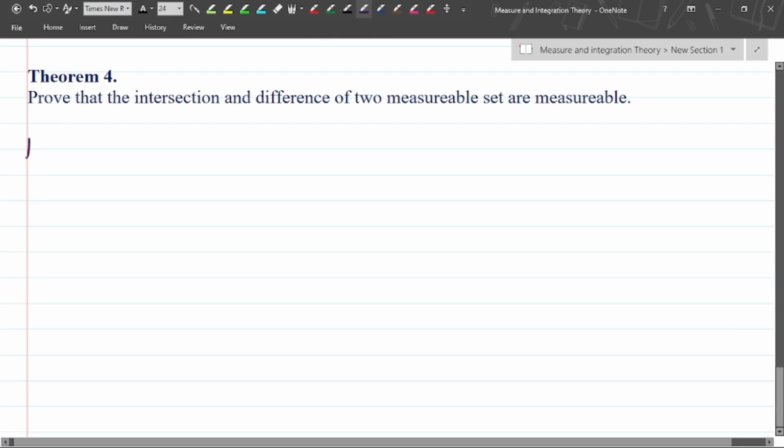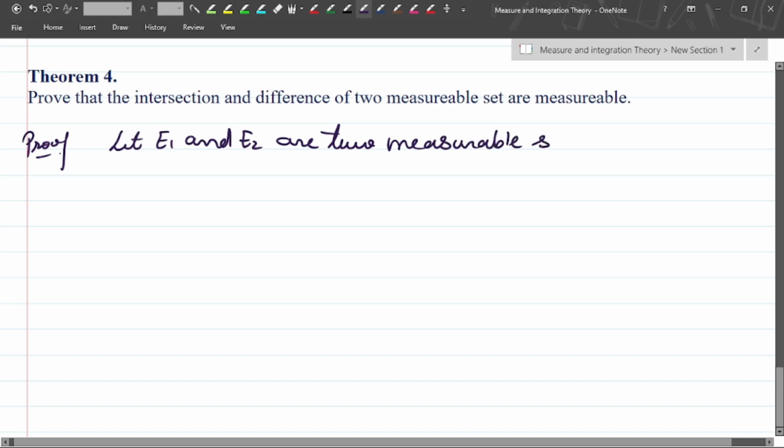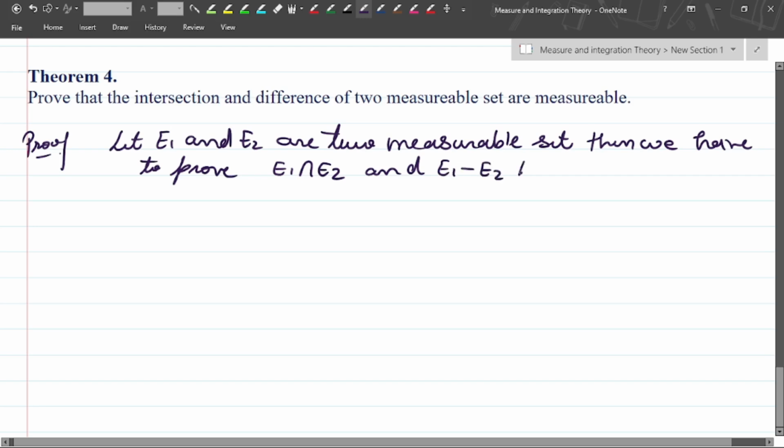Okay, then proof. Let E1 and E2 be two measurable sets. Then we have to prove that E1 intersection E2 and E1 minus E2 are both measurable. That's what we have to prove.